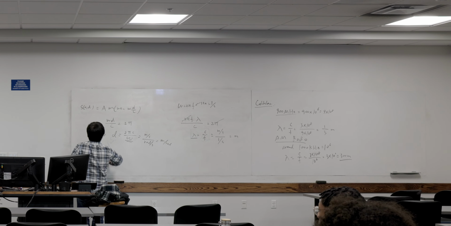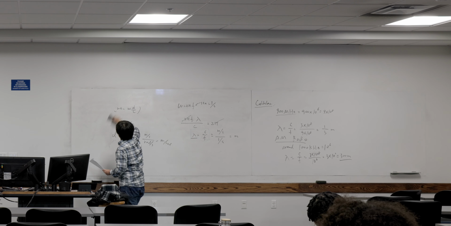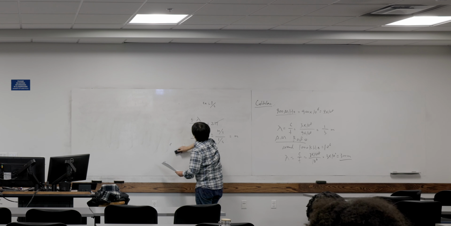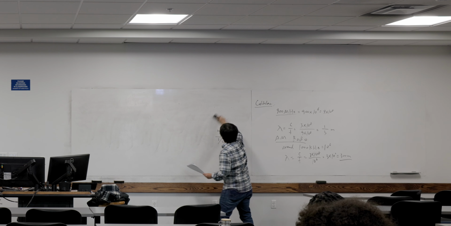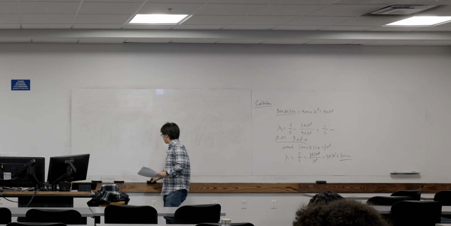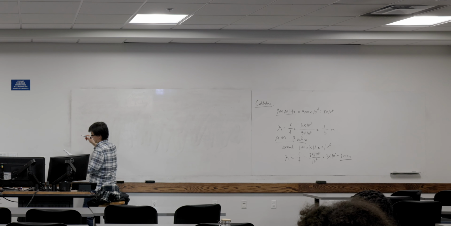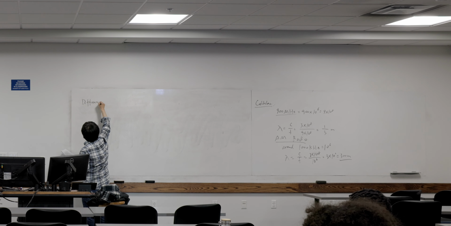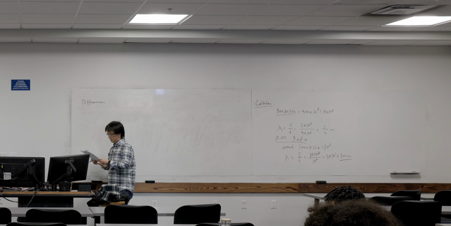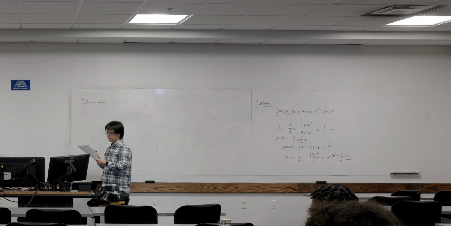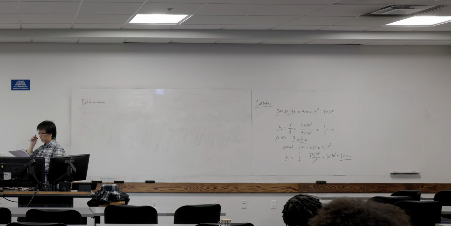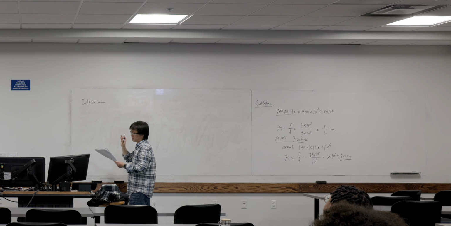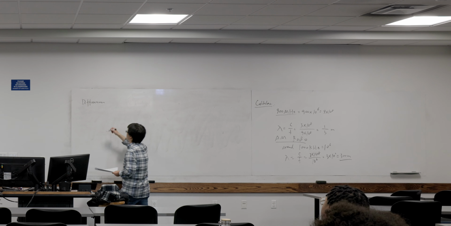The other thing that we can have is called diffraction. Basically, diffraction can occur when the electromagnetic wave impinges on some sharp object.